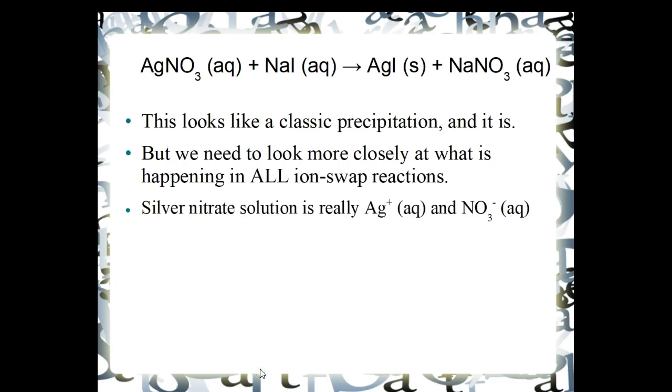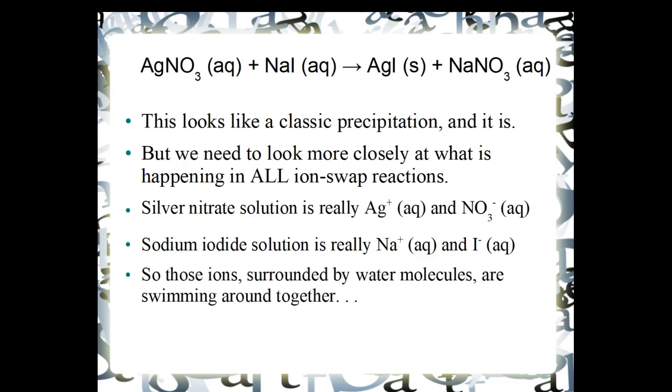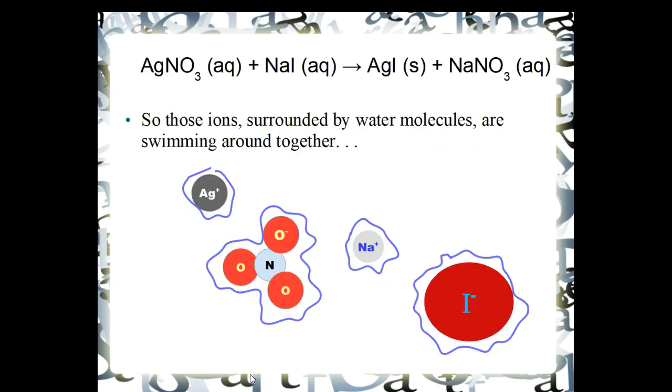Silver nitrate solution is really silver ions and nitrate ions in water, each ion surrounded by water. Sodium iodide solution is really sodium ions surrounded by water molecules, and iodide ions surrounded by water molecules. So those ions surrounded by water molecules are swimming around together.